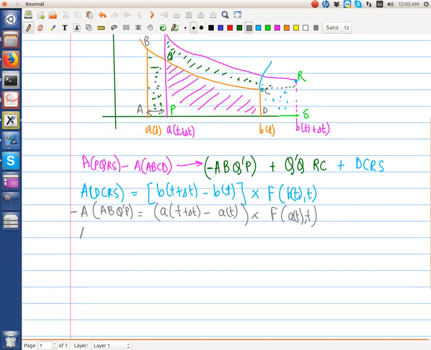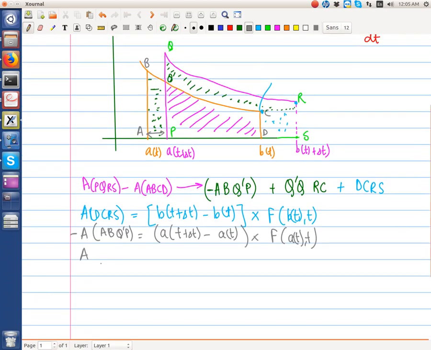Similarly the area that we gain, Q'QRC, is essentially the integral of f at t plus delta t minus f at t, dx, over a at t plus delta t to b at t.